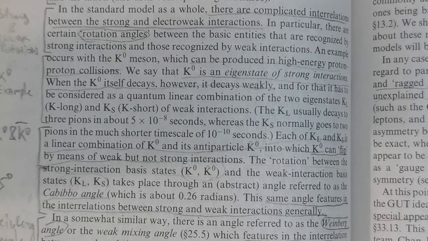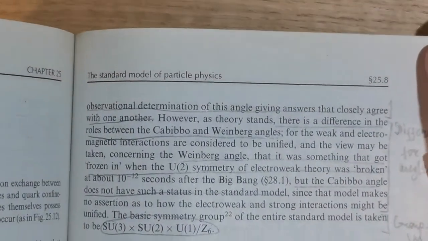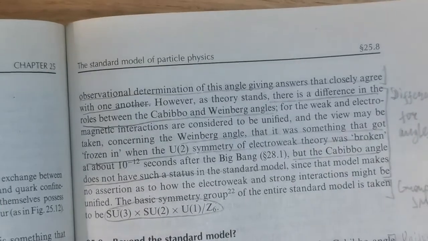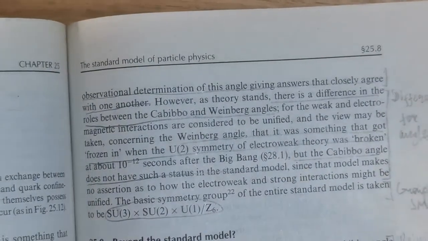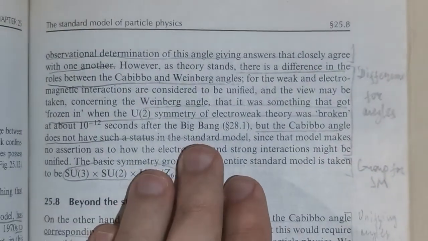It is similar to the Cabibbo angle, but there is a difference in their roles, because the Weinberg angle was the angle frozen in when the SU2 by U1 symmetry of the electroweak theory was broken at about 10 to the minus 12 seconds after the Big Bang.